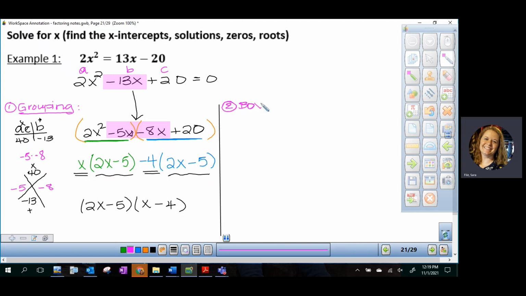Okay, so if you did box method, you would start out the same, doing your ACB table. That step is the same no matter which method.